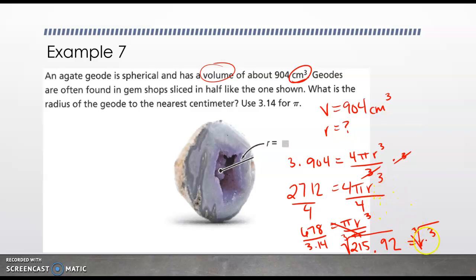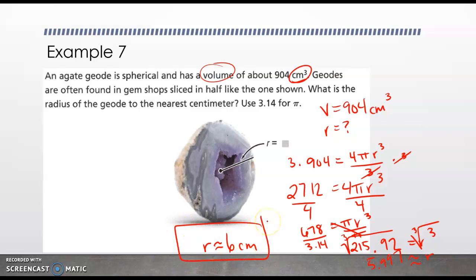I'm getting approximately 5.997 as my r. And it wants me to round to the nearest centimeter, which is the whole number. So r is approximately 6 centimeters.